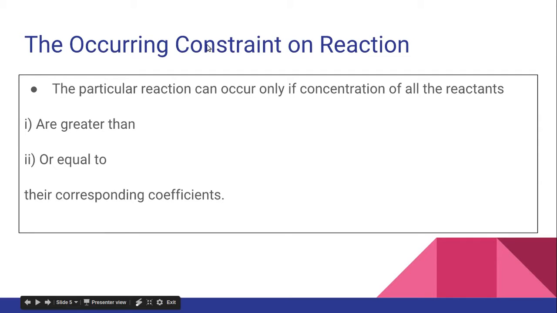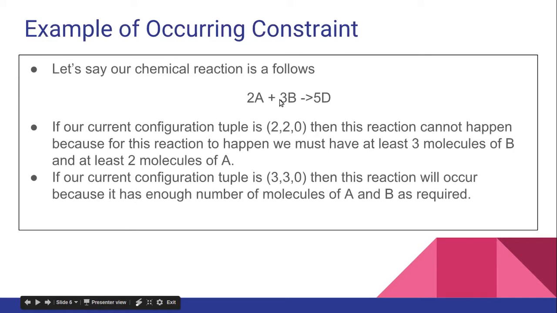There is a particular constraint on how a reaction proceeds in the forward direction. If the concentrations of all the reactants are greater than or equal to their corresponding coefficients, then only can a reaction occur. Let us say our reaction is 2A plus 3B going to 5D.